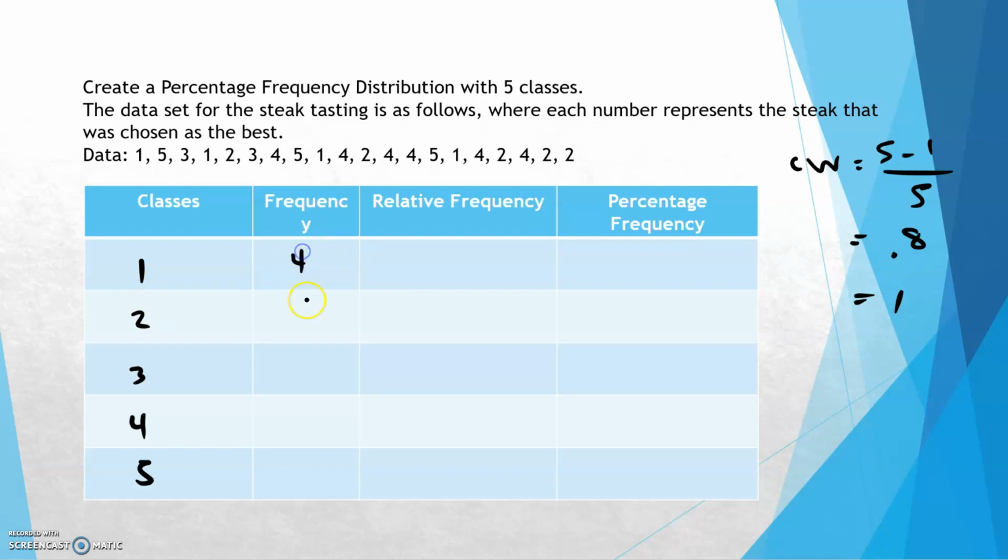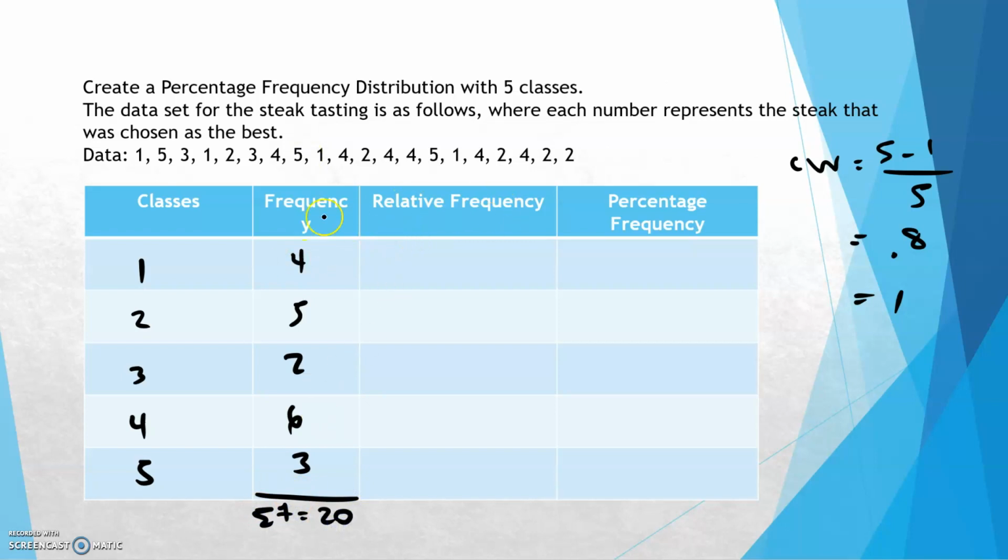I'm going to tell you you got 4, 5, 2, 6, and 3. That should add up to 20, and I have 20 numbers here. So we'll say summation of f is 20.